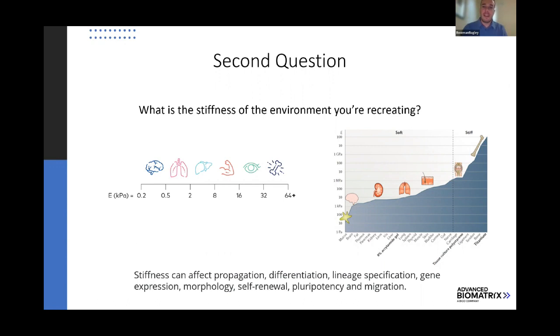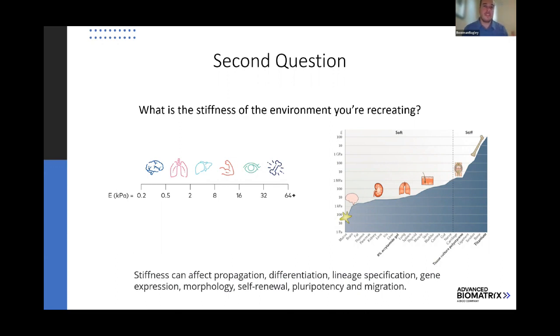But I ended up finding a publication, the picture on the right, which looks a little more scientific, but it really shows this broad range of tissues and the stiffnesses. If you're studying the brain, you're going to be in a very, very soft environment, whereas bone is going to be significantly just kind of off the chart, way stronger, and then everything in between.